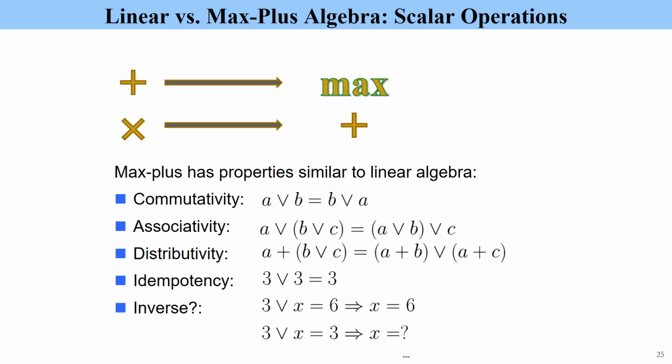We have these fundamental replacements of classical addition by max, and classical multiplication by addition. Max plus is commutative, associative, distributive over addition, but has no inverse. That's the only thing that's missing, I'll come back to this.